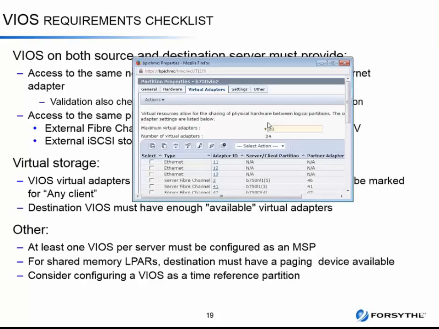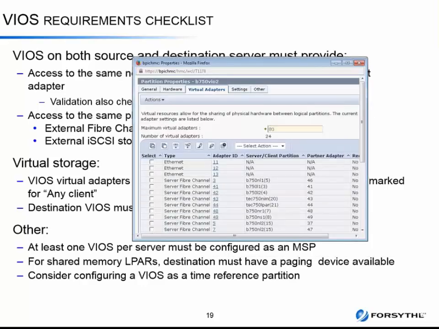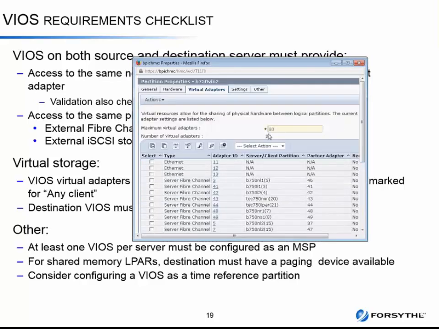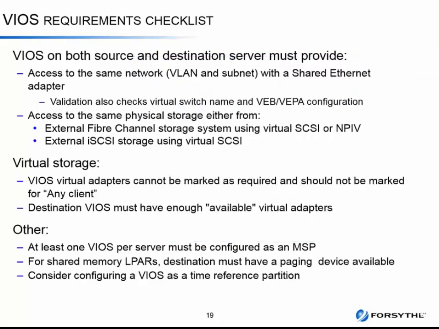If you look at this, I don't have very many virtual adapters in here, just a few, but my maximum is set to 80, and I'm currently using 24. So if I want to do an LPM to here, I have plenty of virtual adapters free, because remember, one of the things that it's going to do is set up all those virtual adapters at the time of the move that it needs for the LPAR that it's moving. So I have to have some free.